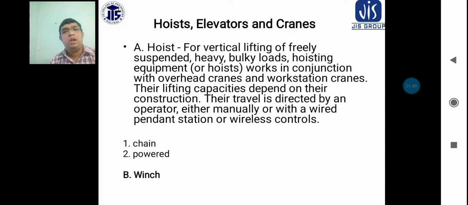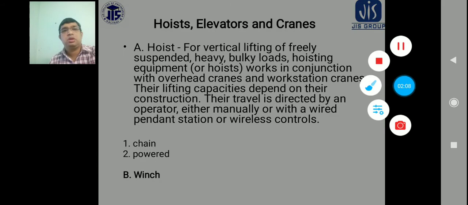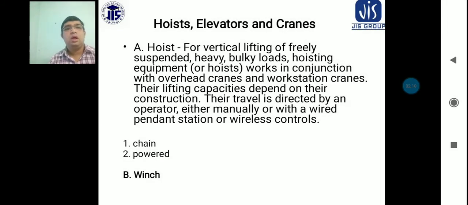Suppose a multi-complex is being built, then you have to transfer materials from the ground level to the middle floors of the construction. If you have to transfer a packet of cement, you transfer it using hoist equipment to the middle floors.